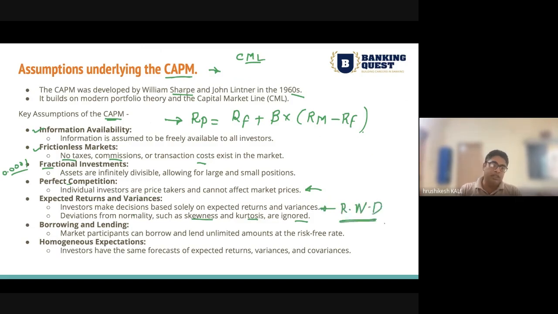This is the assumption. You can borrow and lend at the risk-free rate. That is not the case. But again, that is an assumption. Investors have the same forecast of expected return, variance, and covariance. So everyone will come up with the same expected returns, same variances, and same covariances. Again, that is also an assumption.